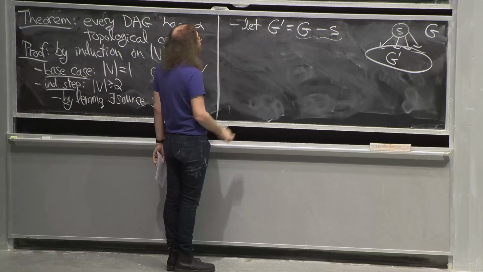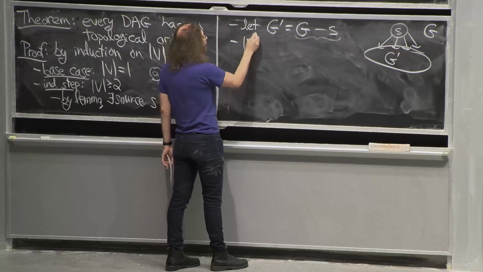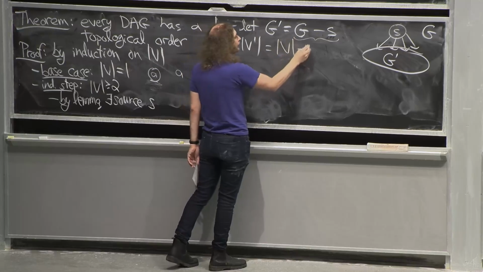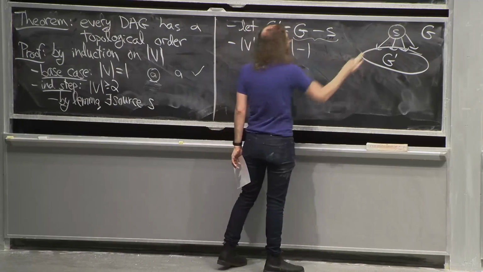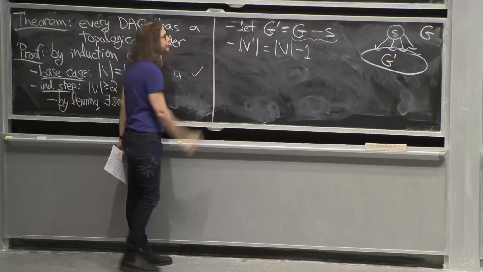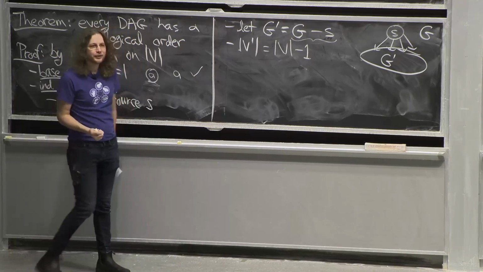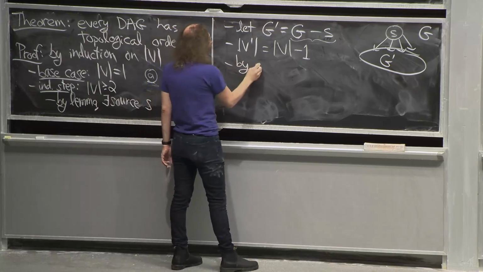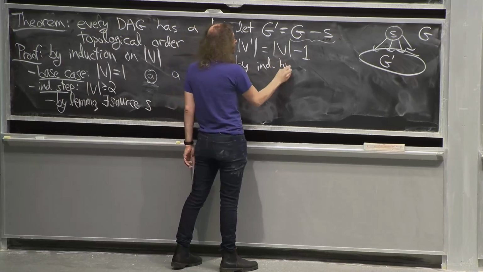So the point is the number of vertices in G prime is 1 less than the number of vertices in G. We just removed S, everyone else is there. In particular, G prime is smaller than G was. So we can use induction.